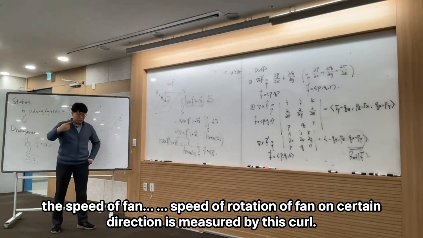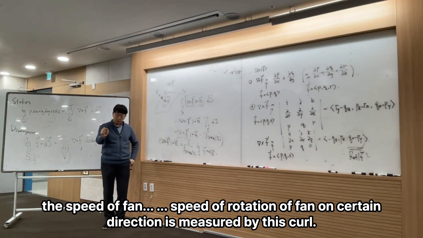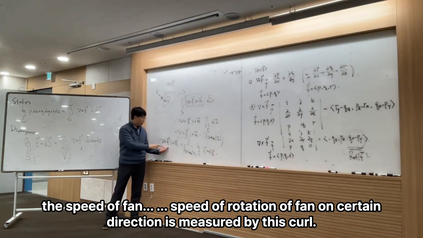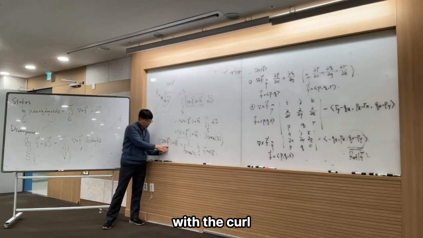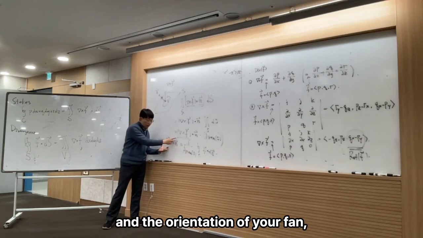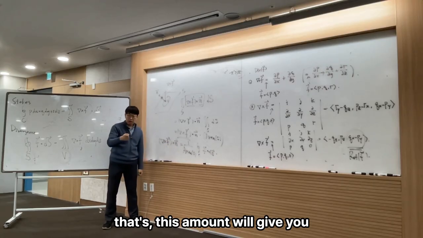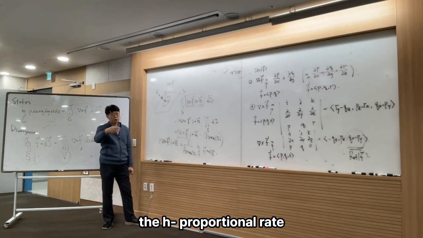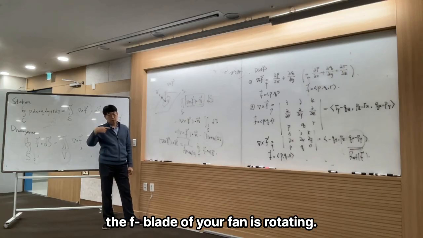The speed of rotation of the fan in a certain direction is measured by this curl. Because if you take the inner product of the curl and the orientation of your fan, this amount will give you the proportional rate of how fast the blade of your fan is rotating.